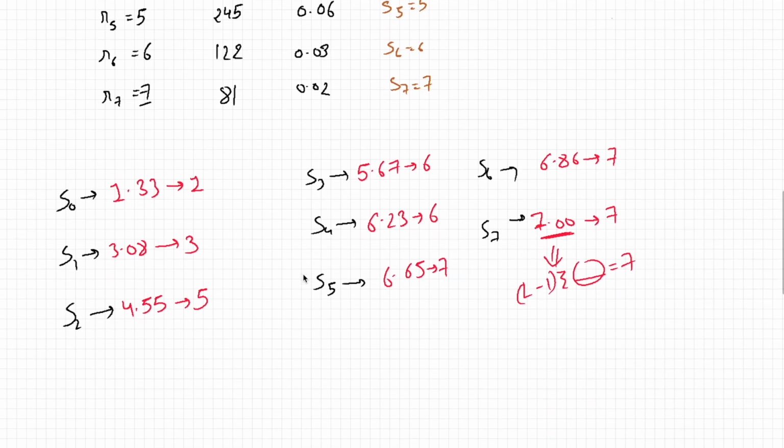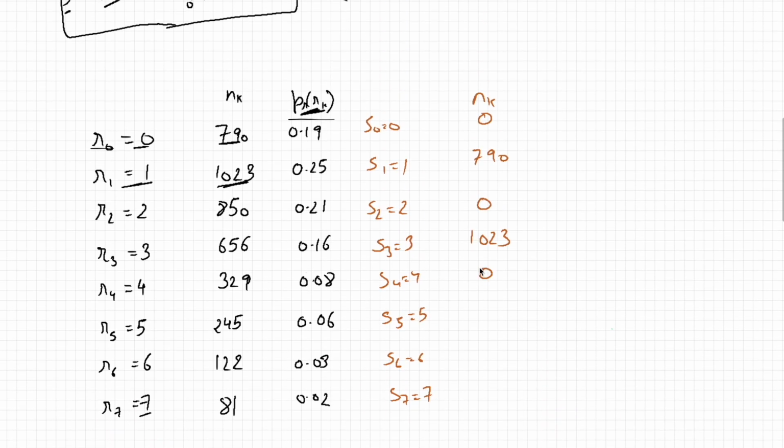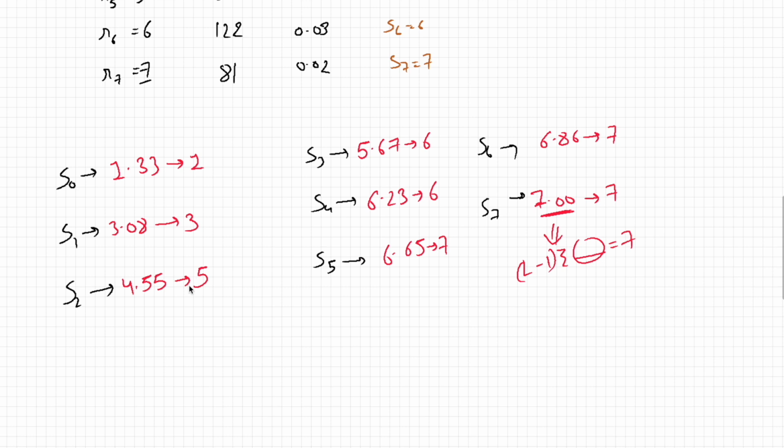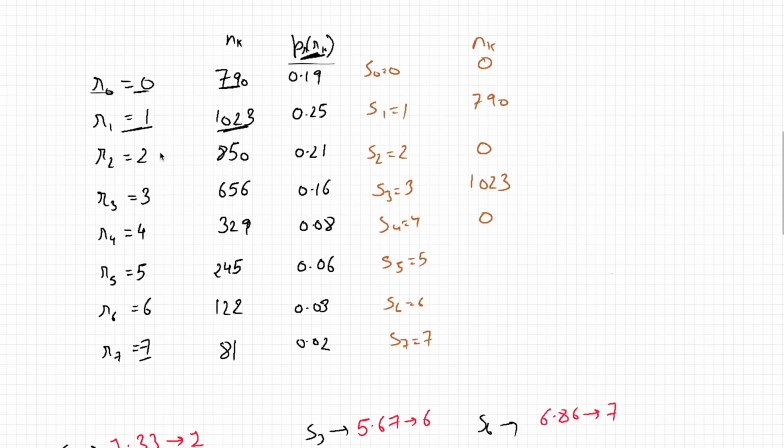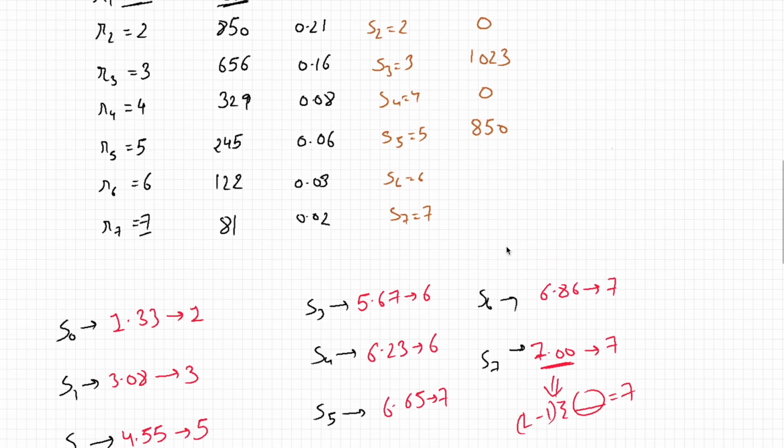Now how many 4 will be there? Again, no one. No values actually map to 4. How many 5 will be there? All the values which were earlier 2 will now be mapped as 5, and this will be 850. And then how many values will map to 6?